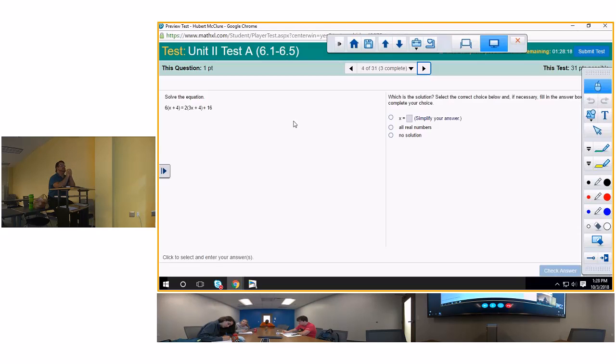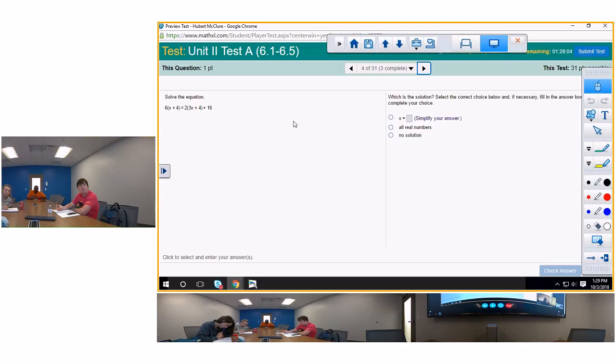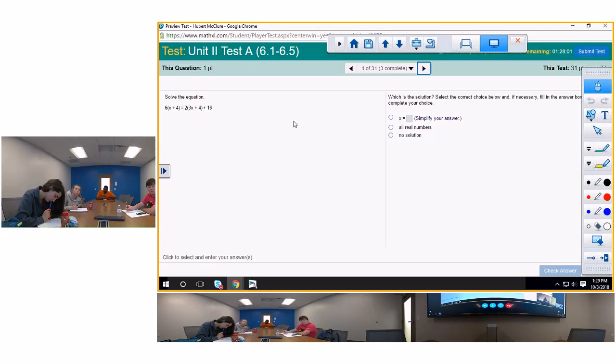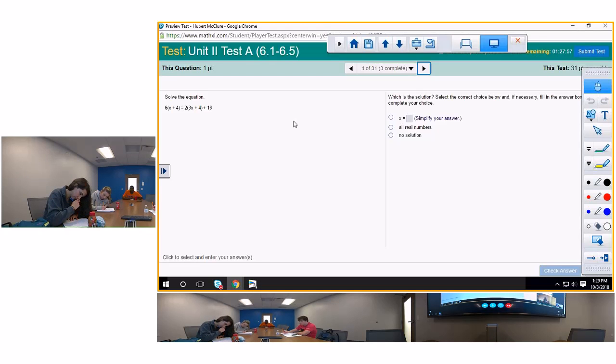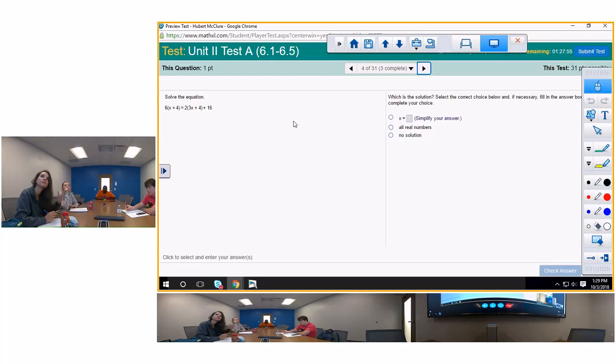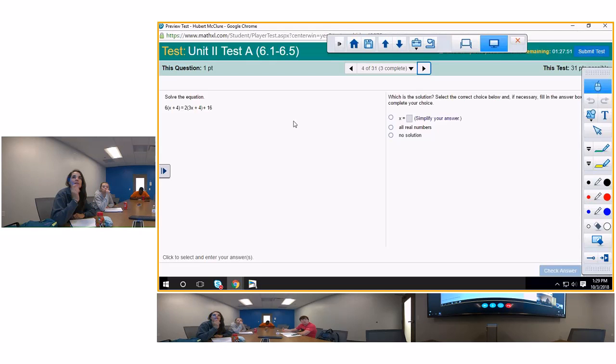6 parentheses, x plus 4, close parentheses, is equal to 2 parentheses, 3x plus 4, close parentheses, plus 16. You said plus 16? Yes, ma'am. It's hard to tell if it's a plus sign or a divide sign. Yeah, it's plus.